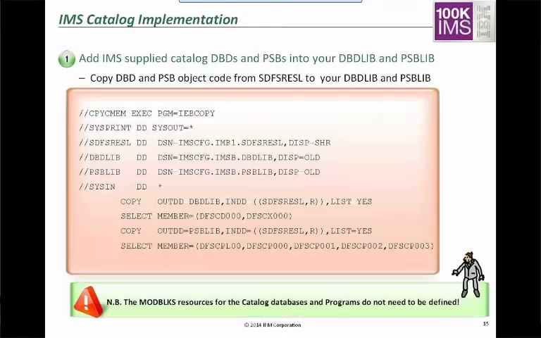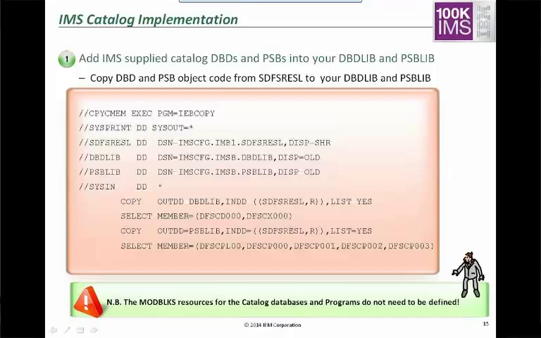Step 1 says IMS supplies the DBDs and PSBs. Copy them from SDFSRESLIB into your DBDLIB and PSBLIB. So here you'll see we've got an IEBCOPY JCL all set up for you. You can use this JCL, and you'll see that the DBD names are DFSCD000, that's the IMS Catalog Database, and DFSCX000, that's the secondary index database.